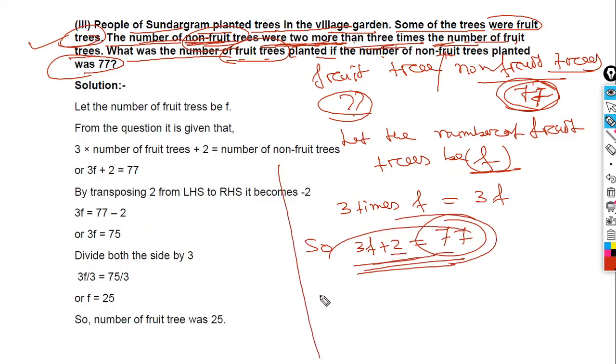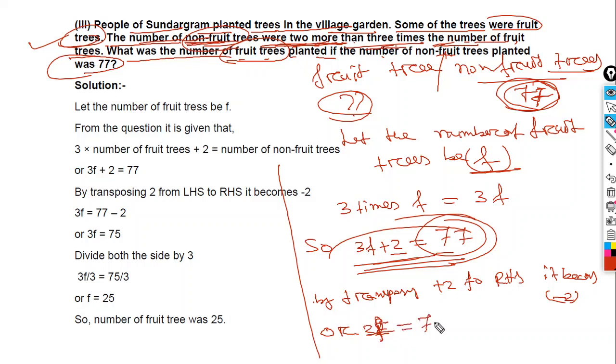Now we'll move to the solution. First we will transpose 2. Transposing plus 2 to the RHS, it becomes minus 2. So 3f equals 77 minus 2, and 77 minus 2 is 75.